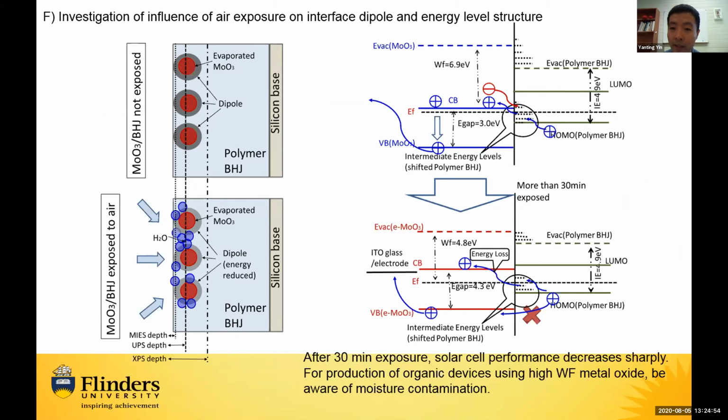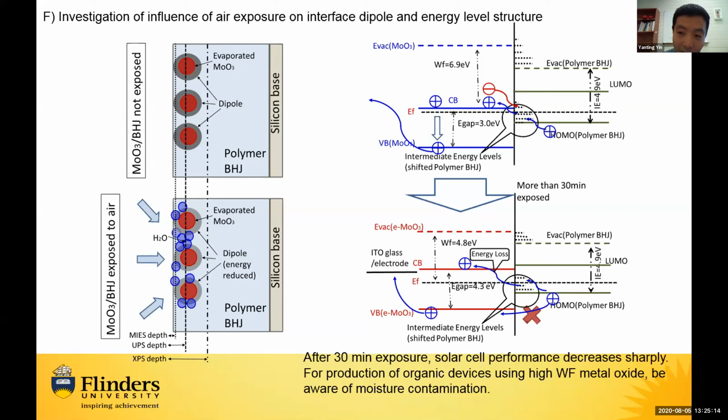In this case, for example, after 30 minutes of exposure we have calculated that the solar cell performance might drop because the dipole is not strong enough to support the whole transport from the HOMO to the conduction band again. So the solar cell performance might sharply decrease.